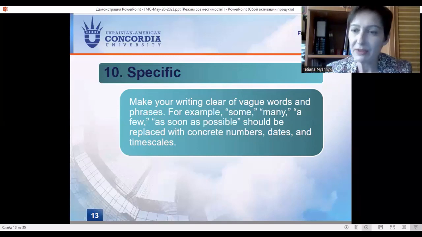For example, if you want something to be done, then mention the name of the person who has to do it, the date or the deadline, the place, the venue, and whatever else you think is pertinent for the situation.